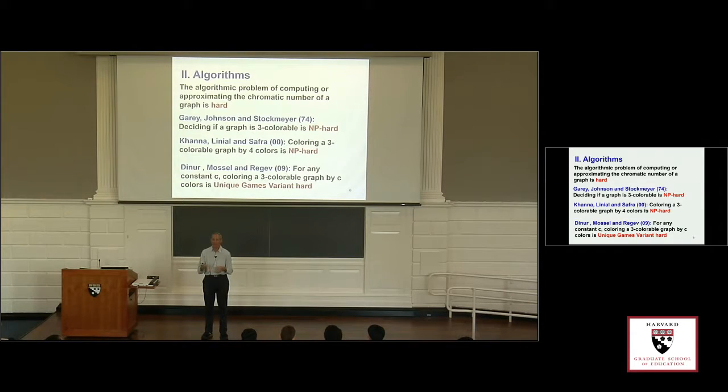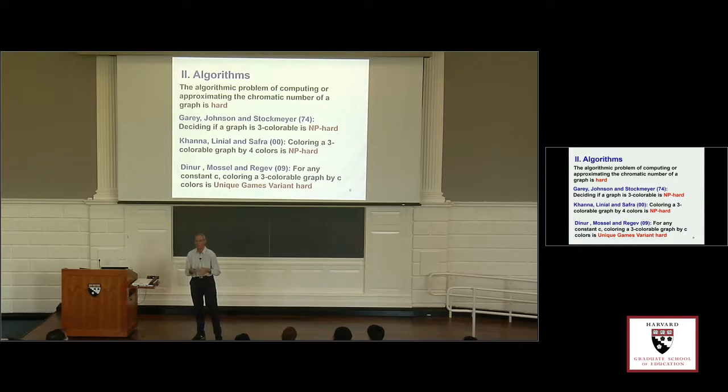Now, if we are willing to assume some more, maybe less traditional assumptions about complexity classes, so most people believe that P and NP differ, maybe many people also believe some variants of the unique games conjecture. As I said, I'm not going to say much about complexity classes, so let me just assume that we know what this is, and if not, just think about it as some hardness results that we believe in.